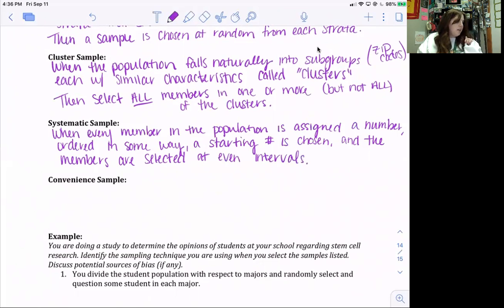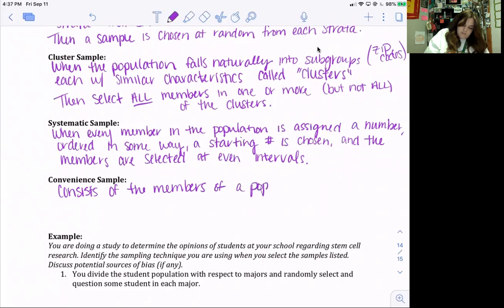Okay, and lastly, convenience sample. This consists of members of the population that are easy to get to.